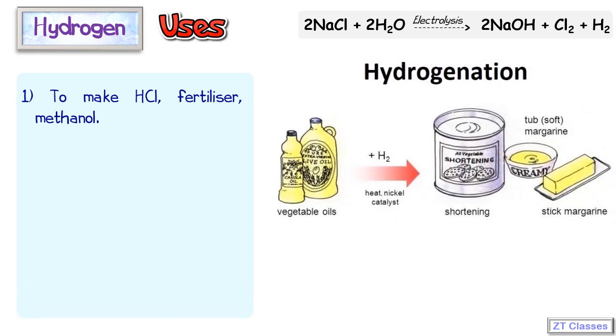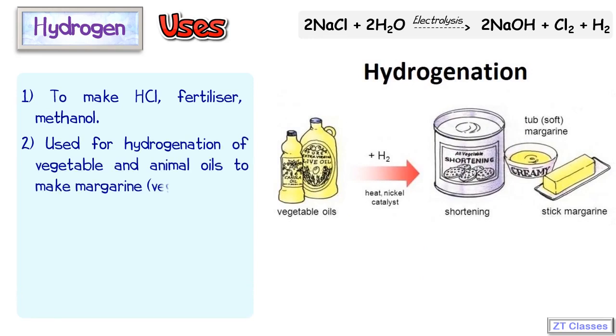The next common usage of hydrogen is hydrogenation of vegetable and animal oil. What is hydrogenation? Vegetable oil is liquid, and when you hydrogenate it you get margarine, and it becomes semi-solid like butter.